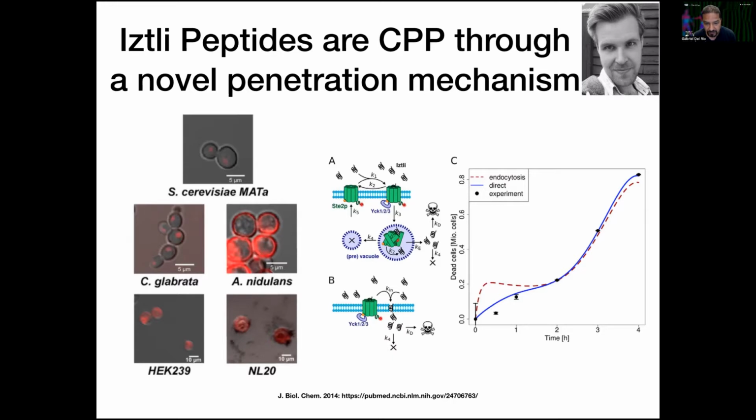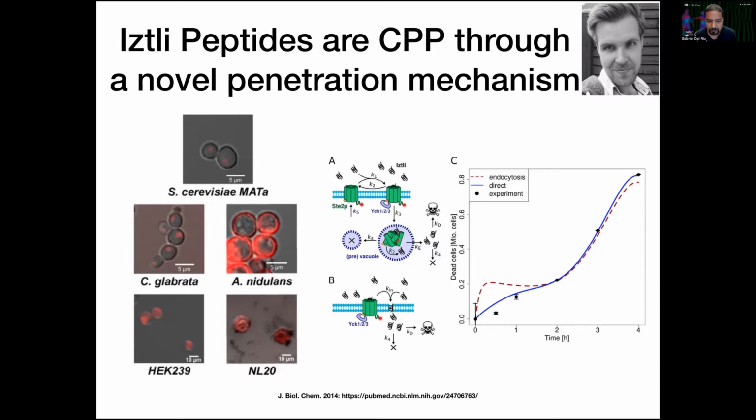So this second model seems to be explaining how the Ishli peptides work, and this reported for the first time a novel mechanism of action for antimicrobial peptides. Mechanisms where two apparently independent mechanisms are playing a part. One that is a receptor-mediated interaction, and a second one that is direct internalization by the membrane.